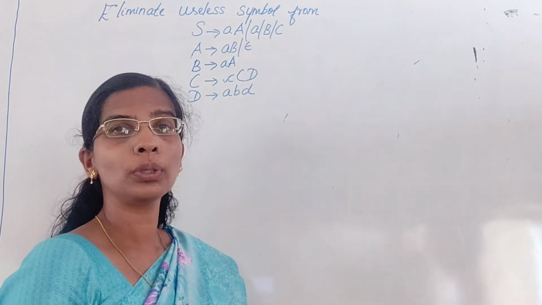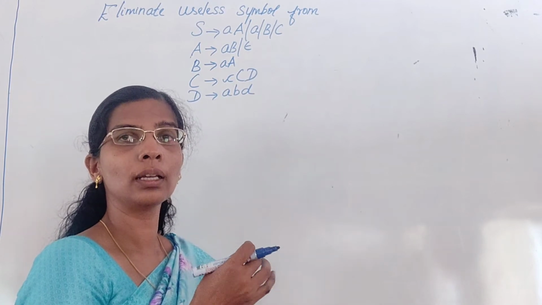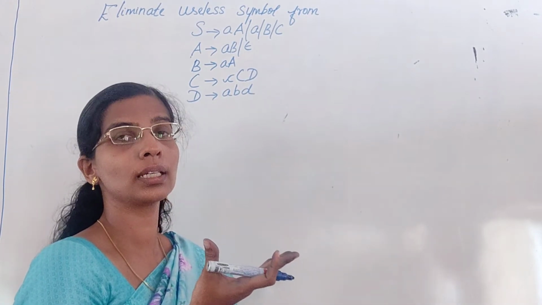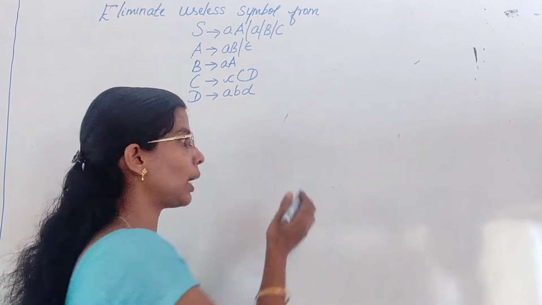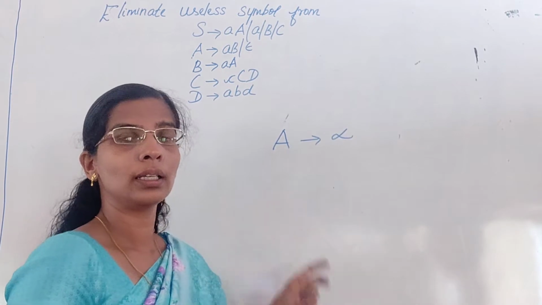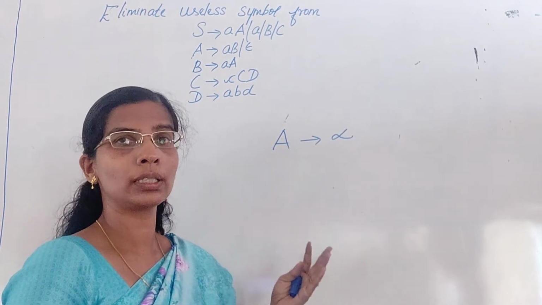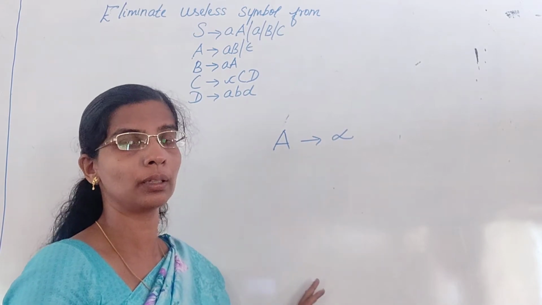What do you mean by unit productions? A single non-terminal in the RHS. You know the form of a context-free grammar is A tends to alpha. For every context-free grammar, the LHS will be a single non-terminal.